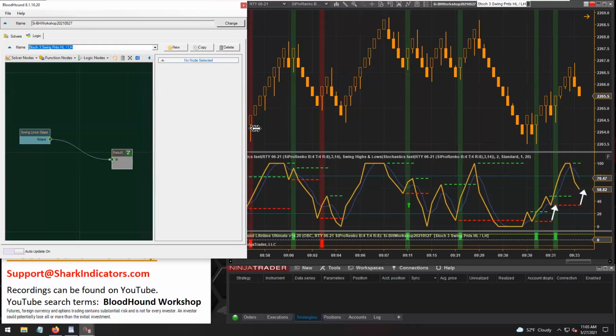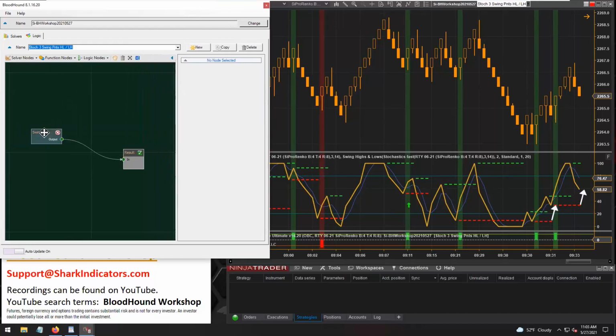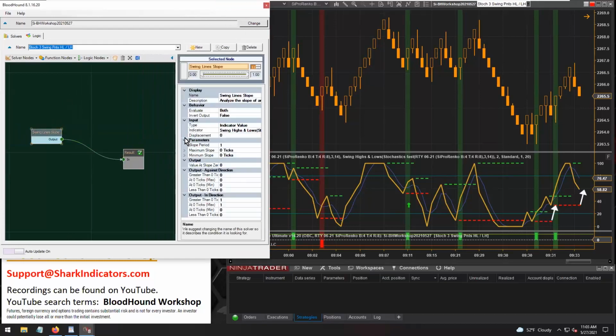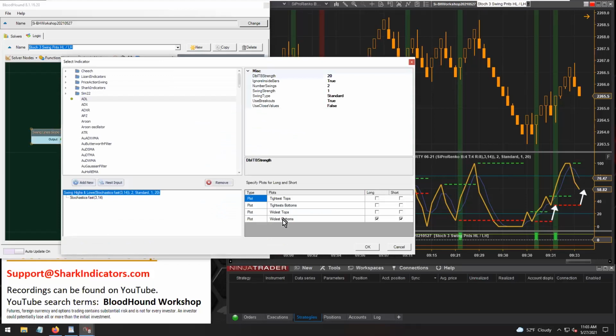So let's kind of summarize where we're at. So with the slope solver, right, I'm using the slope solver on one plot only. So for the widest bottoms, right, I'm detecting when the widest bottoms basically steps up or steps down, right?